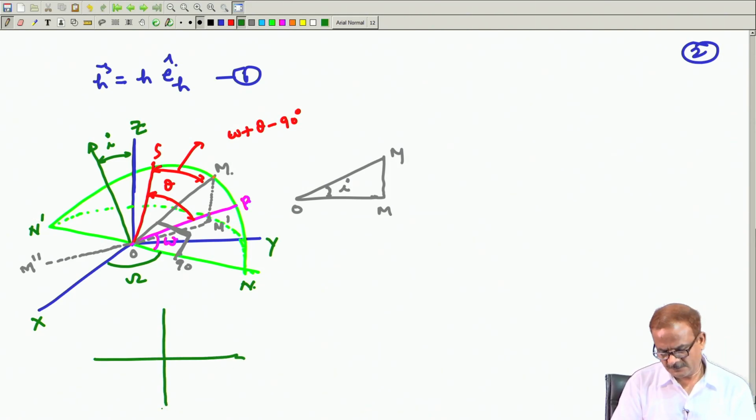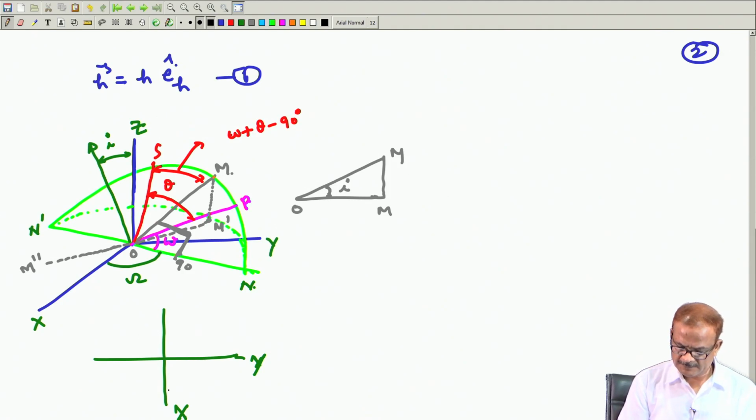So, if we take the x y plane, this is the x direction, y direction, okay. This is the x and y direction. Okay, nodal line, it is appearing between x and y. So, the nodal line is appearing like this.